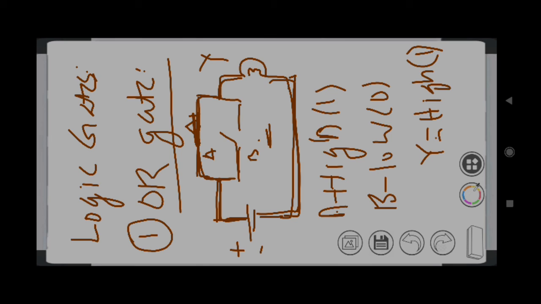We have to check whether this circuit is functioning according to the definition of the OR gate or not. When I make one of the two inputs high, our output is high. So this circuit is functioning according to the definition of the OR gate.